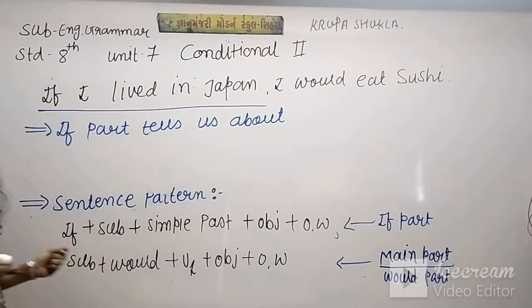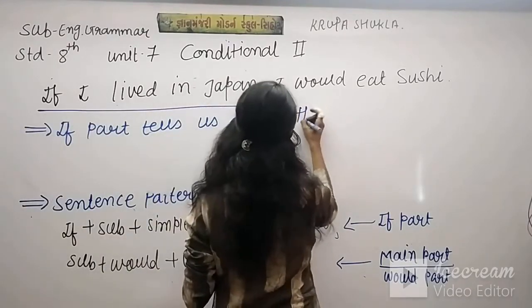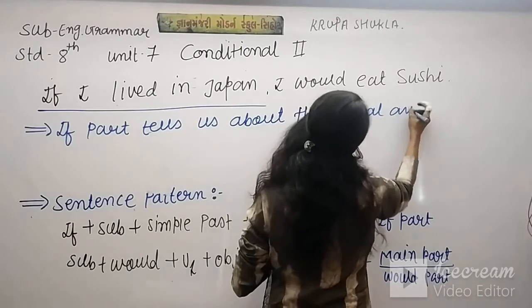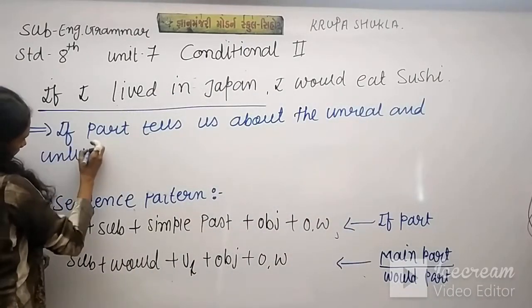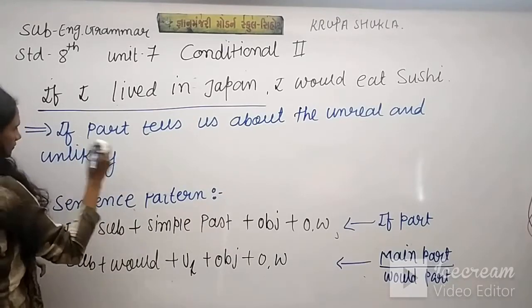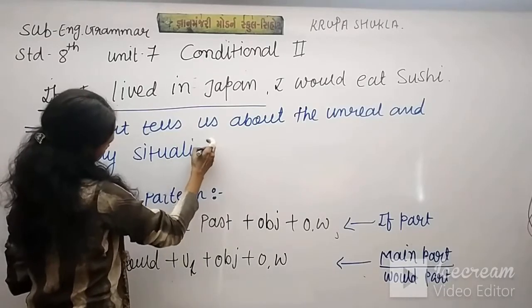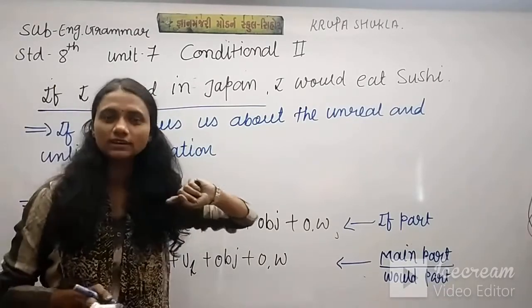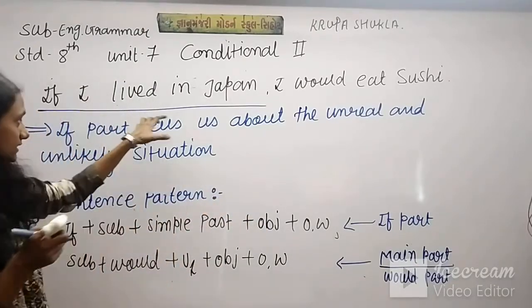This if part tells us about the unreal and unlikely situation. See, this person is not in Japan, but he is imagining that if he was in Japan.